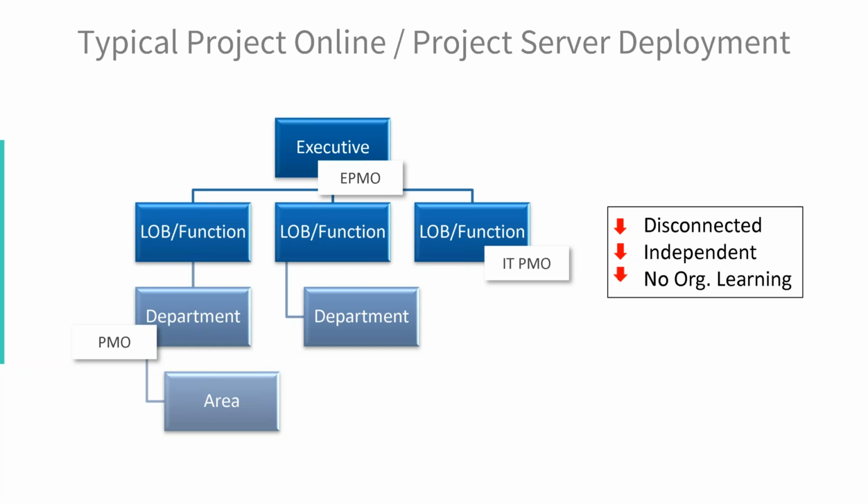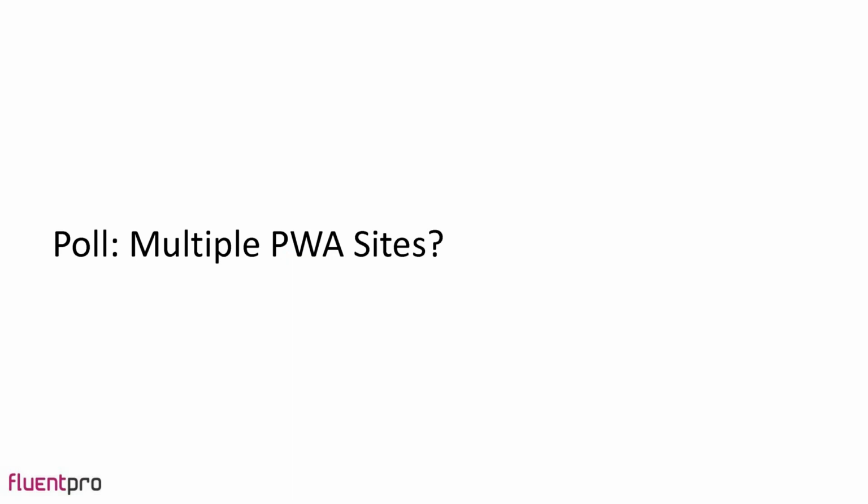And I know that there's many reasons why we could attribute that, but we have the ability through Project Online specifically, and even if you have Project Server, to drive that consolidated view of PPM within the organization. So that's really what we're trying to strive for, to overcome this tendency to have disconnected, independent PWAs and have more of a centralized approach.